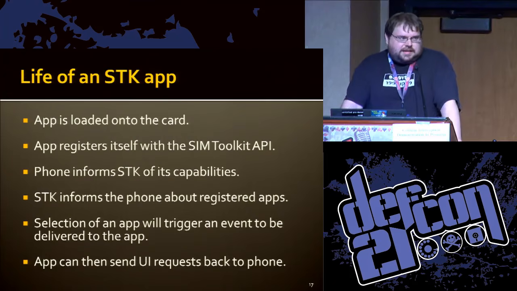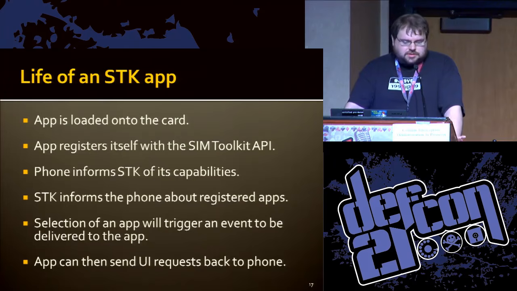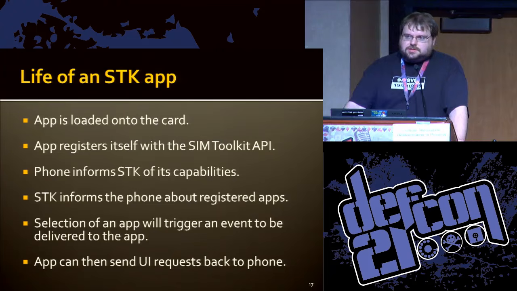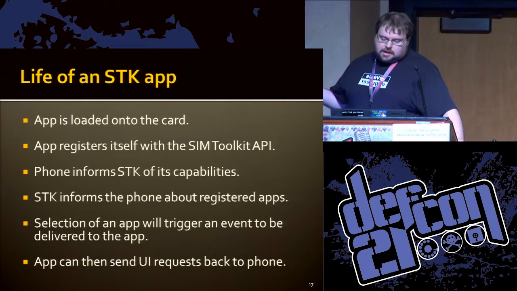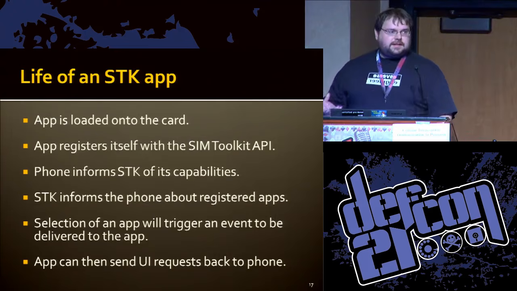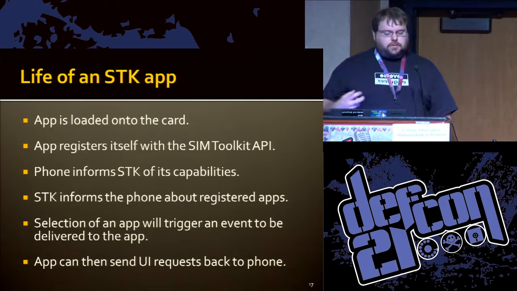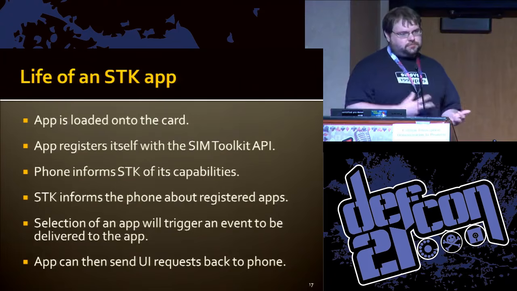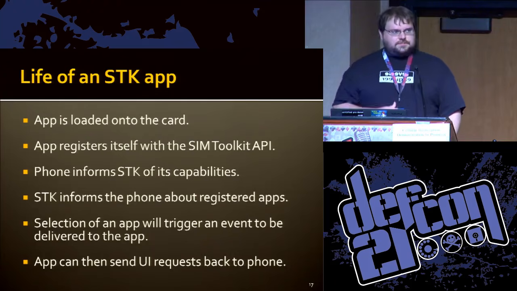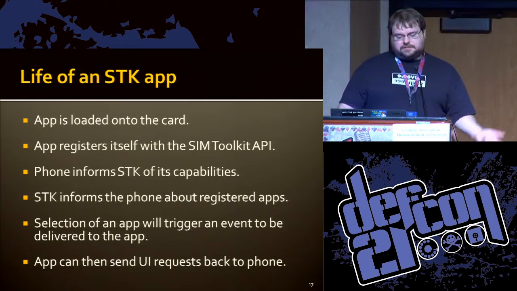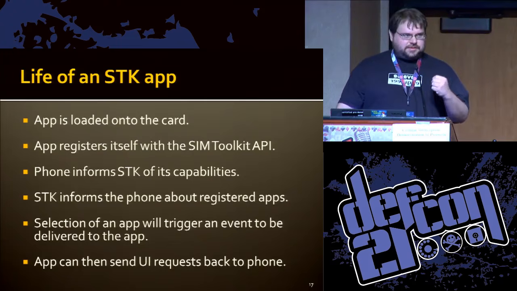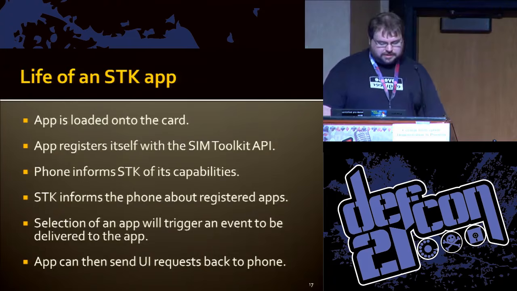So what about SDK apps? SDK apps are generally Java Card apps, and the way they work is that they first get loaded onto the card. Then the app, when it gets instantiated on the card, registers itself with the SIM Toolkit runtime. Whenever the phone boots up, this runtime is informed of the phone's capabilities using those 200 feature bits that we were talking about.